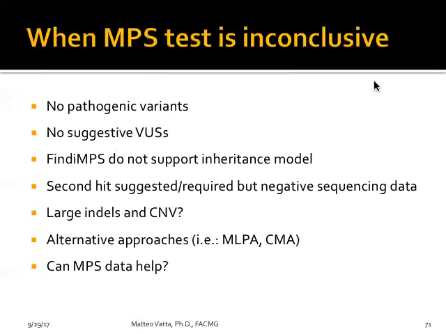Then, can a second hit be present but not detected, for instance, in the exome sequencing, and it was something in a regulatory sequence, in an enhancer or a silencer very far away? Or even with genome sequencing, where you have all the sequences, but nothing of interest comes up.